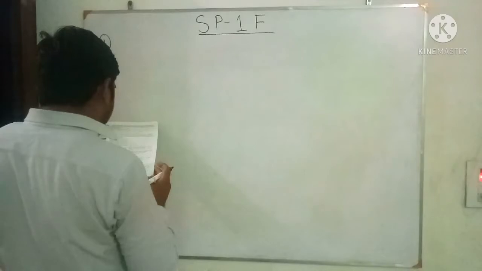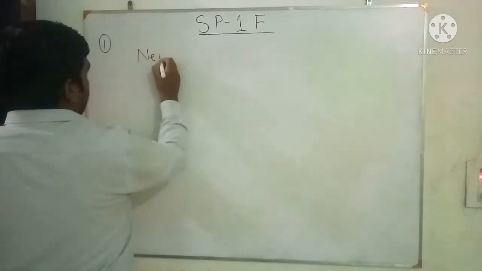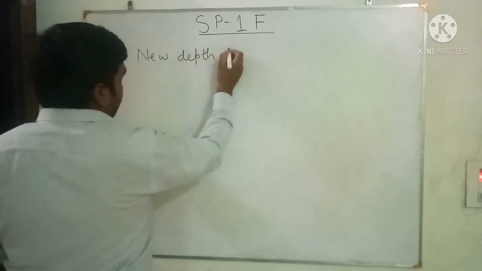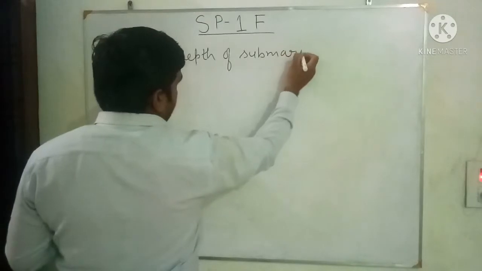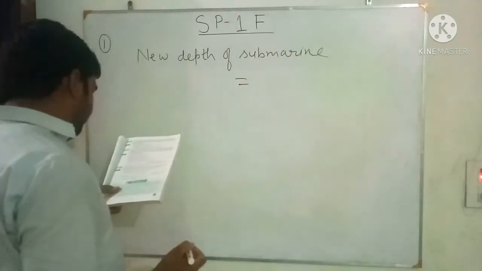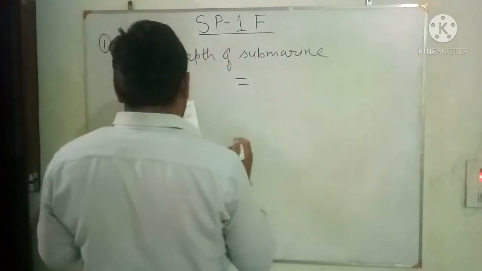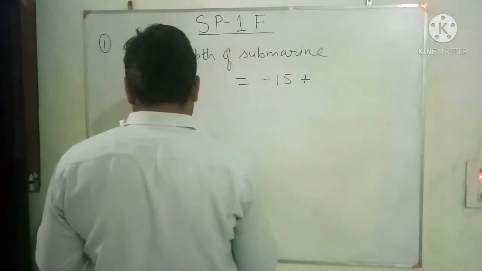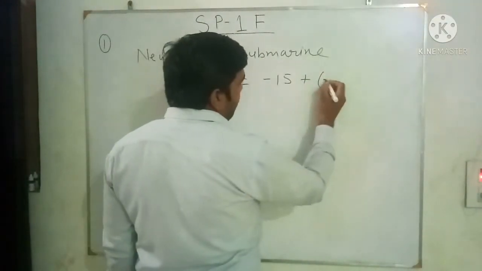The new depth of the submarine equals the original depth, minus 15 meter, plus minus 20 meter, since 20 meter more means minus 20.